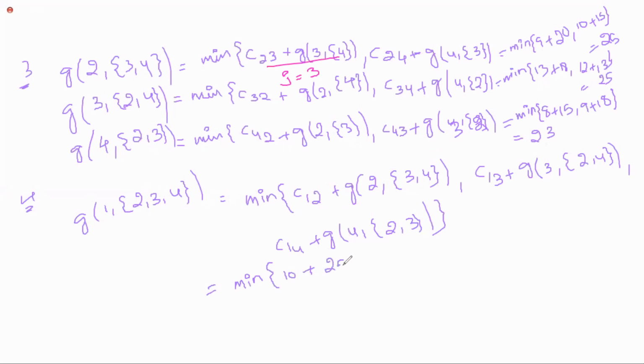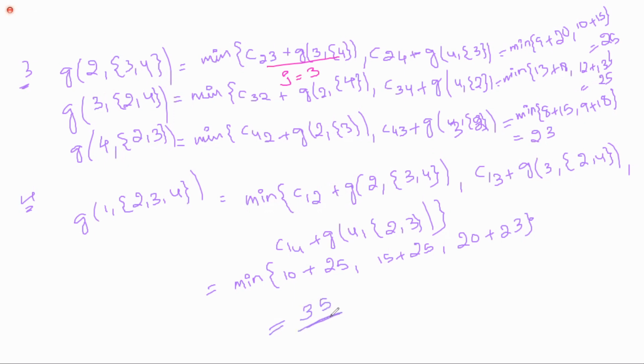What is C13? 15. 15 plus G3, we have calculated 25. So next C14, 20. 20 plus G423, which is 23. 35, 40, 43. Which one is minimum? 35 is the minimum. 35 we will get.